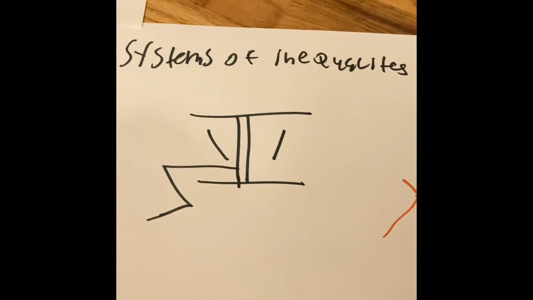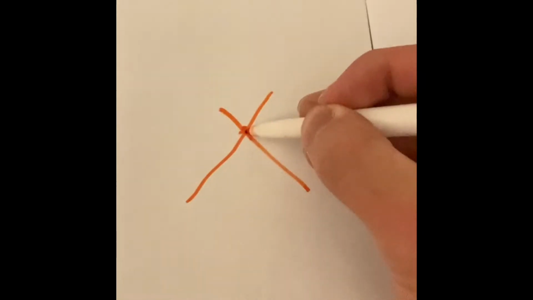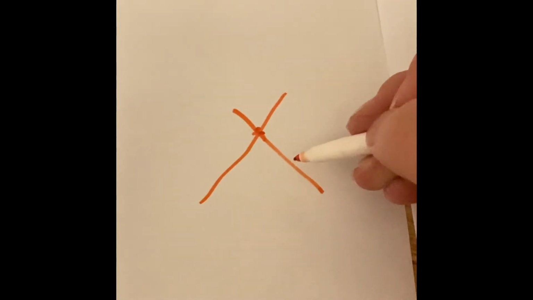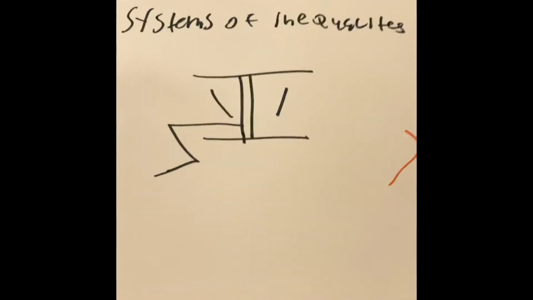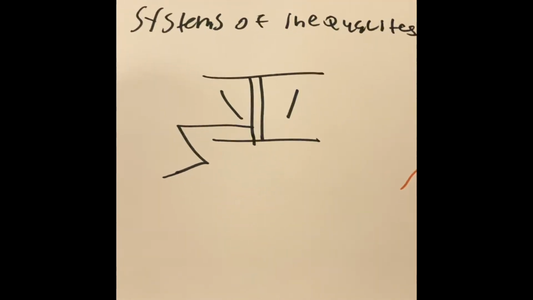Systems of inequalities are going to have lines that intersect. But instead, just like the previous video, we are going to have beautiful shaded areas in the graph. So there's going to be more answers than you expect. Here's an example.